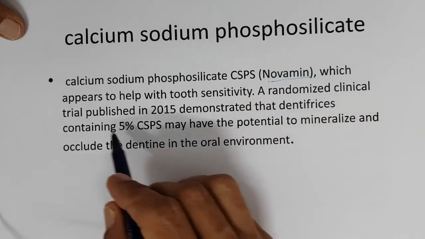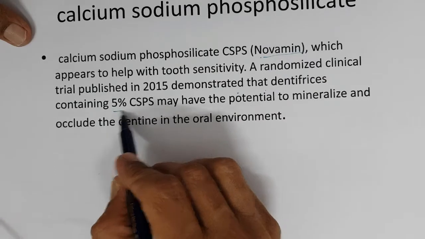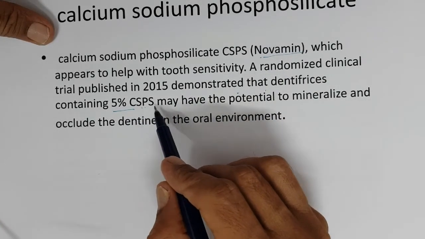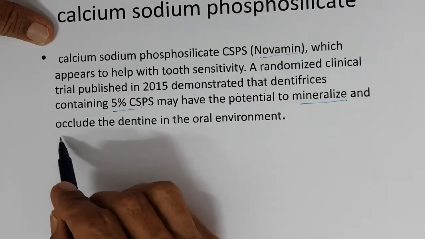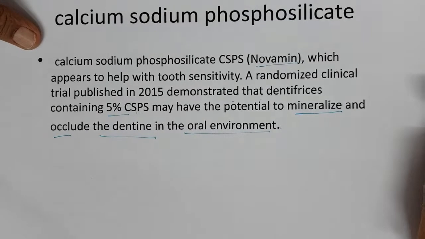A randomized clinical trial demonstrated that a dentifrice containing 5% calcium sodium phosphosilicate may have the potential to mineralize and occlude the dentine in the oral environment.